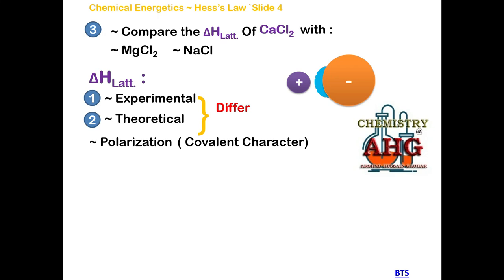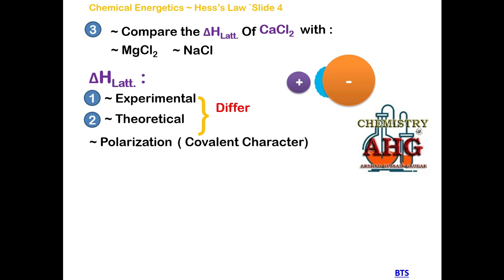And the second thing you must remember: greater polarization, greater deviation between experimental and theoretical lattice enthalpy. Why is that? Because whenever there is greater covalent character, the ionic lattice becomes weaker and weaker.